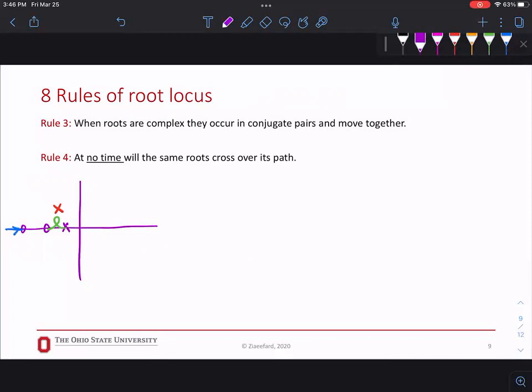There. Now, rule number 3, let's work on an example. Let's give you some unstable system. How many loci are you going to have? 3, right? So we have a pole, we have a 0. From pole to 0, well, the system is unstable.